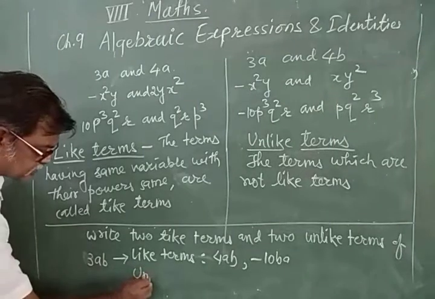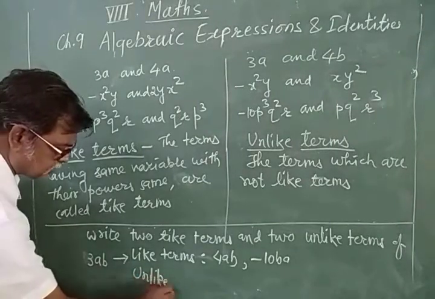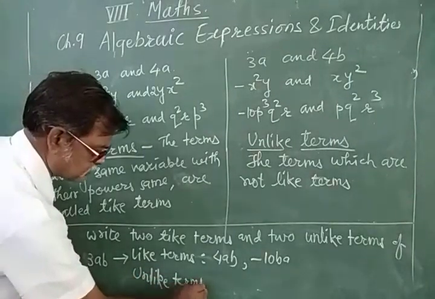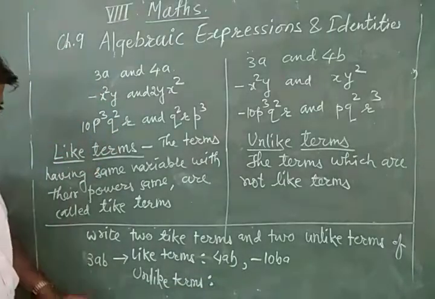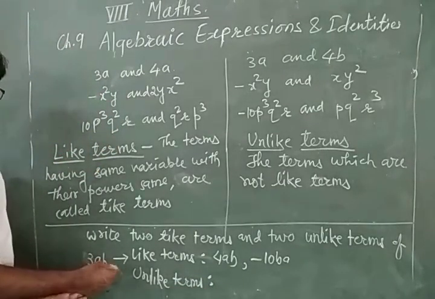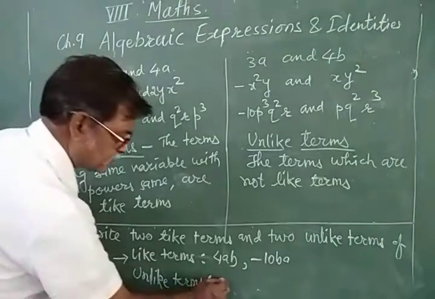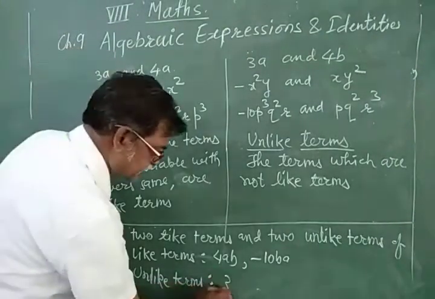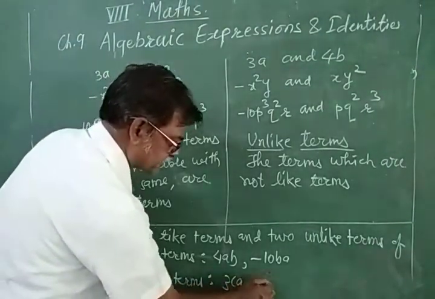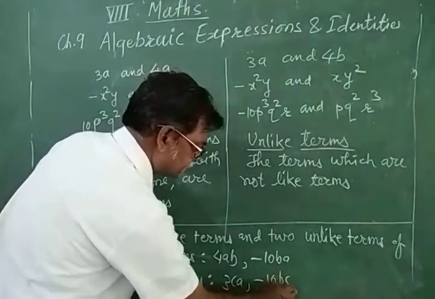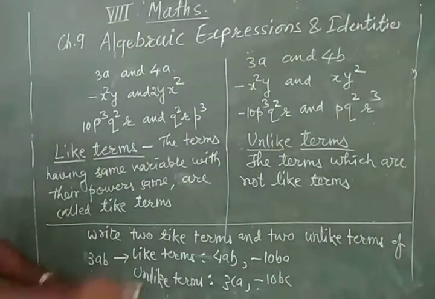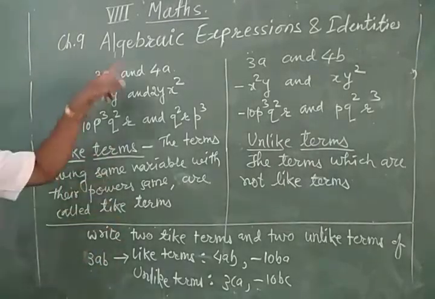Unlike terms, variables will be different. 3CA, minus 10BC. So these are the unlike terms. So this is the basic idea about algebraic expressions.